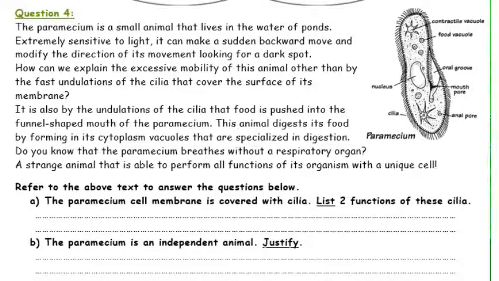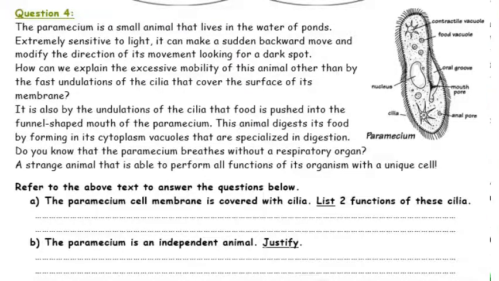It hates light. How can we explain the excessive mobility of this animal other than by the fast undulation of the cilia that cover the surface of its membrane? If you take a look at the diagram of the paramecium, you can clearly see the cilia covering the surface of its membrane.